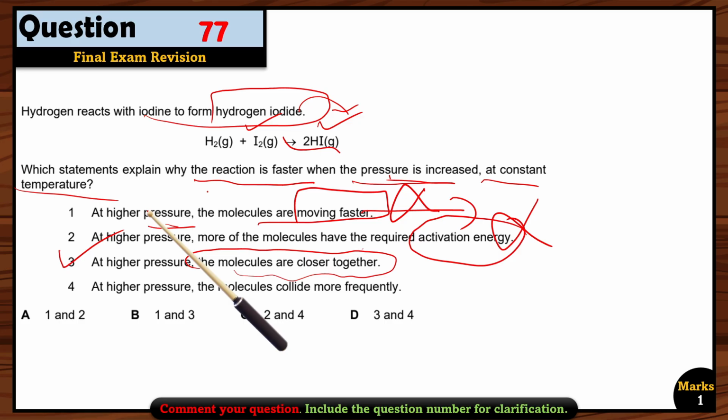So option 3 is right. Statement 4: at high pressure, the molecules collide more frequently. Yes, because when they come close together, they collide more frequently. So options 3 and 4 are right, that is option D. So option D is the right option for this question.